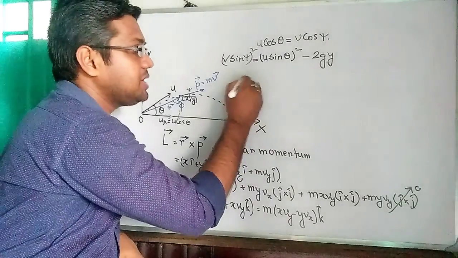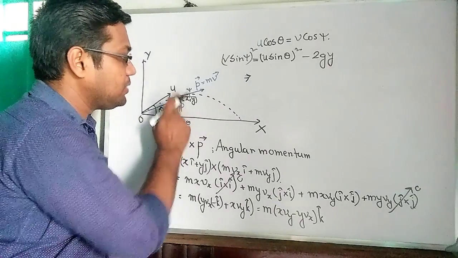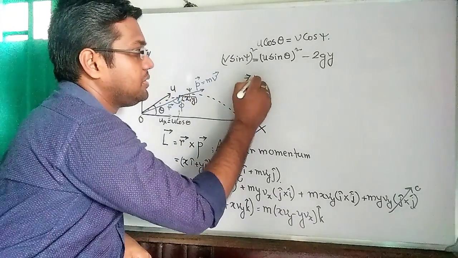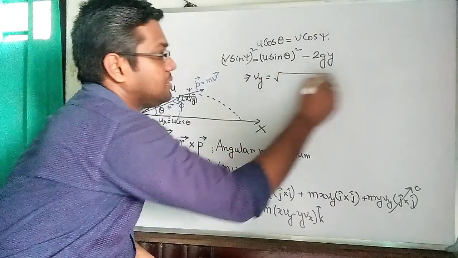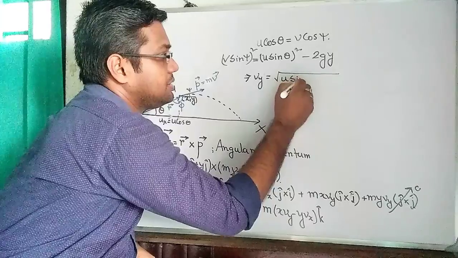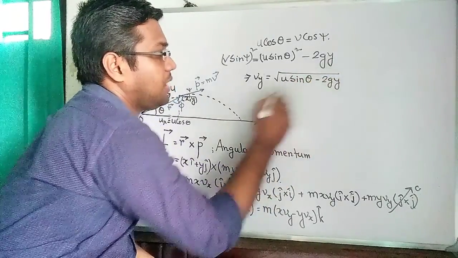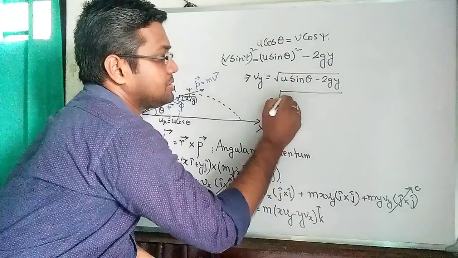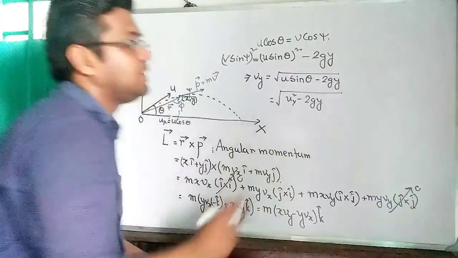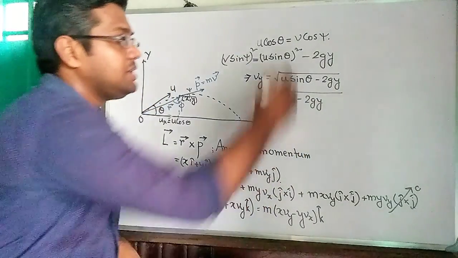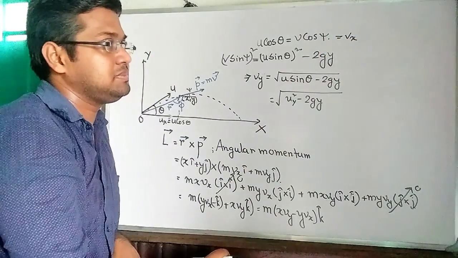What is v sin psi? V sin psi is the y component of the velocity at that point. So vy squared equals uy squared minus 2gy. And v cos psi is vx.